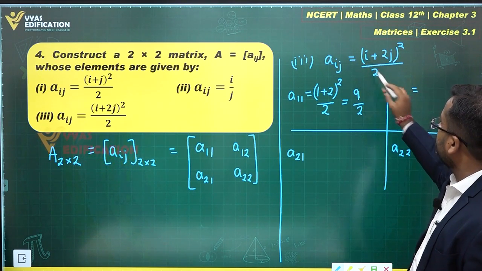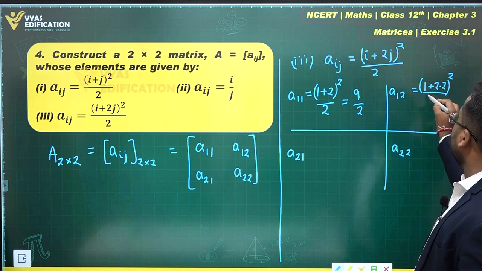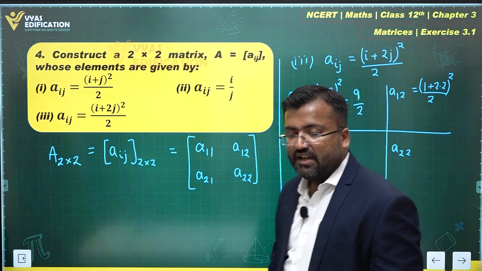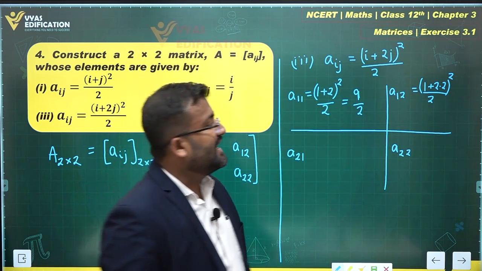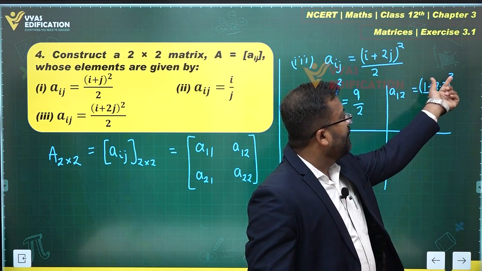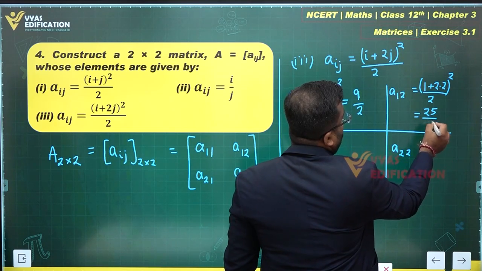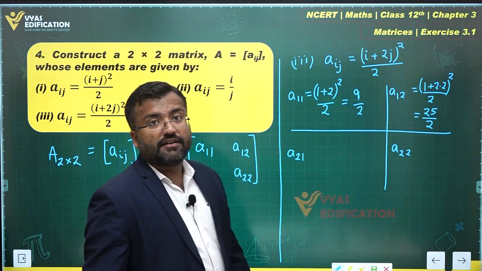In the bracket, that simplifies to 2 times 2 is 4 plus 1 is 5. 5 square is 25 divided by 2. This is what I get.